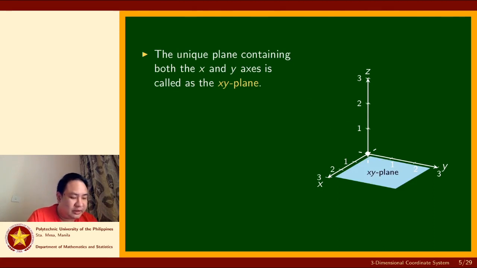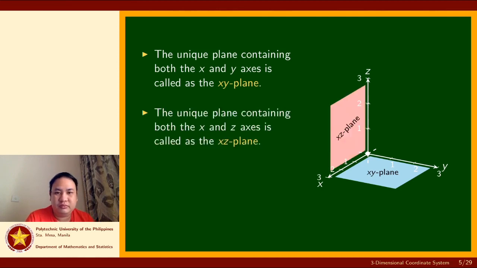Now, the unique plane that contains both the x and y axis is what we call the xy plane. In the diagram, it is shaded as blue. Similarly, the unique plane that contains both the x and z axis is called the xz plane.